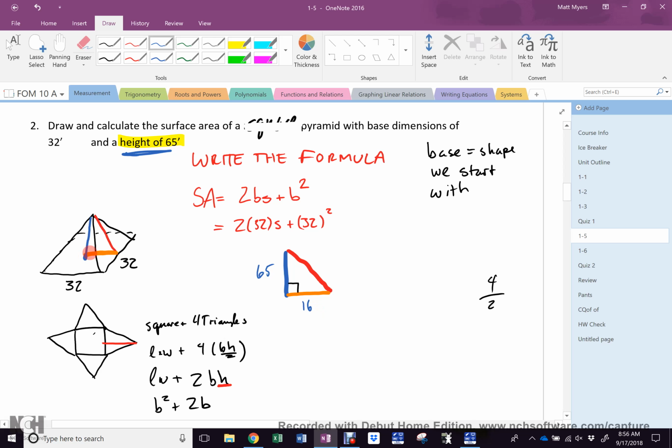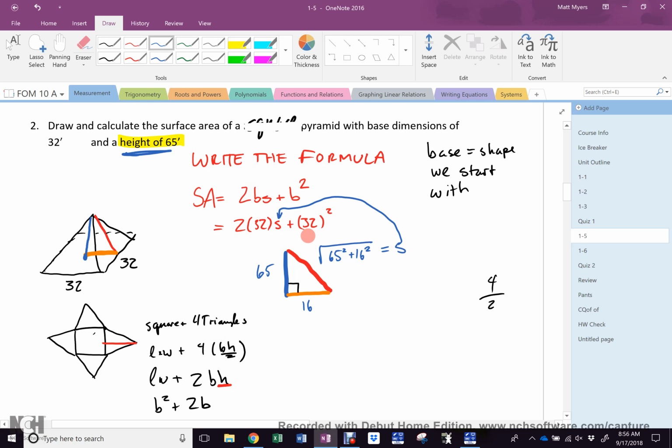Because it's half of 32. Now, can I find the red line? It is the square root of what? 65 squared plus 16 squared, yes? But it is also the S from right there, isn't it?